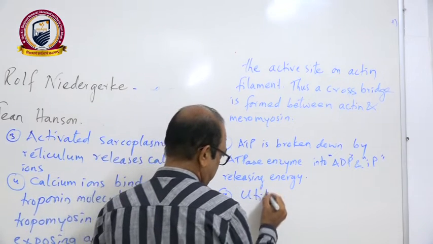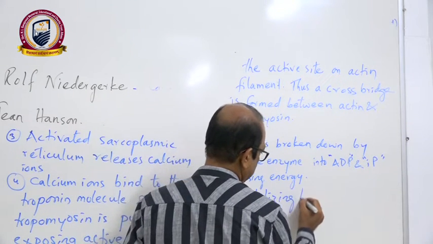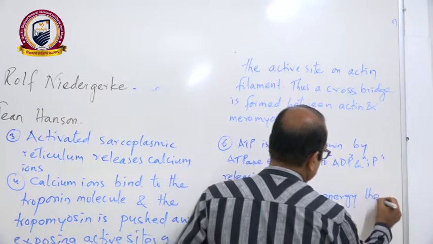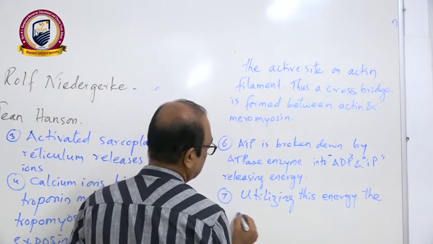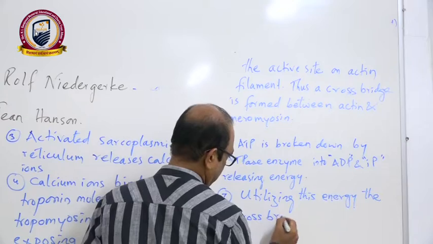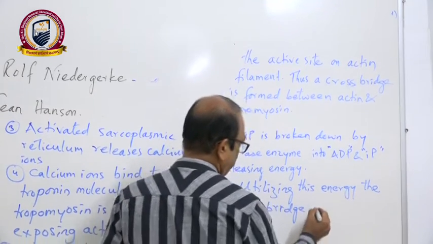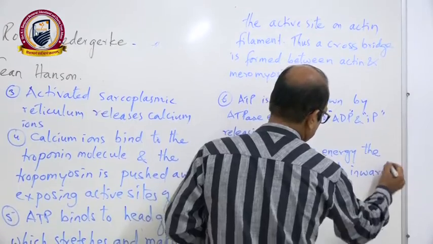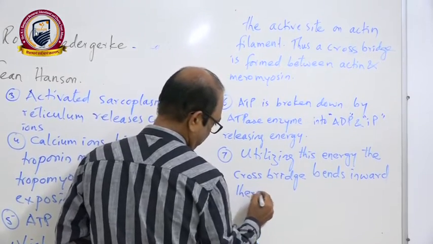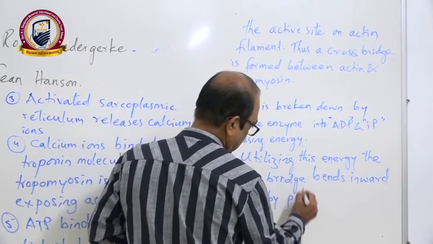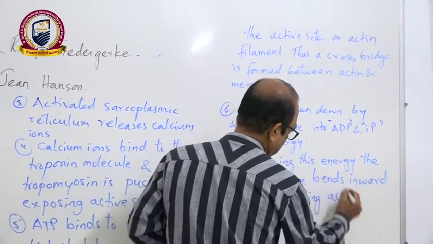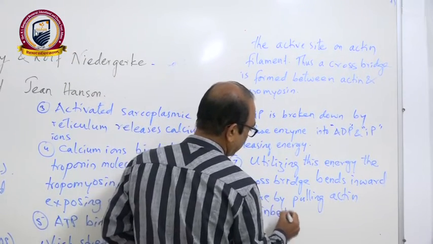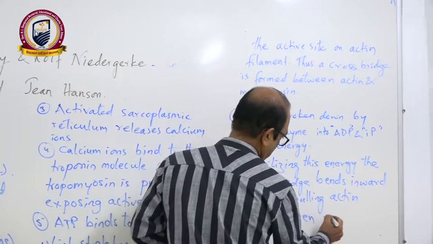Utilizing this energy, the cross bridge bends inward, thereby pulling actin in between myosins.